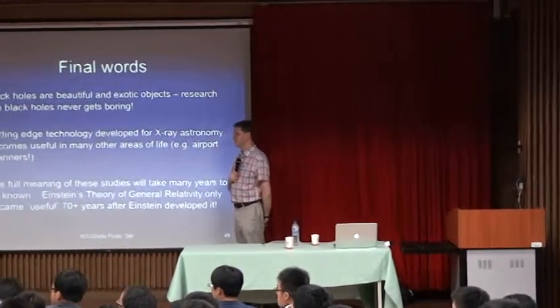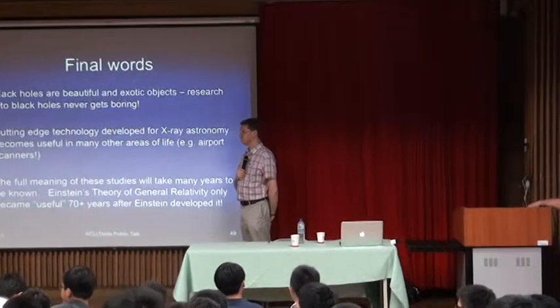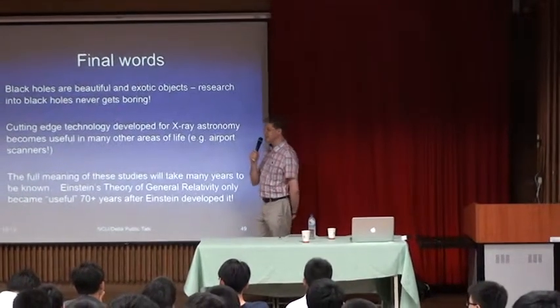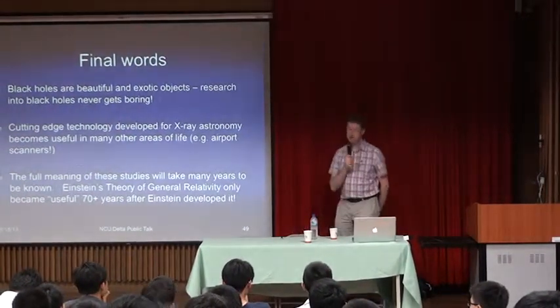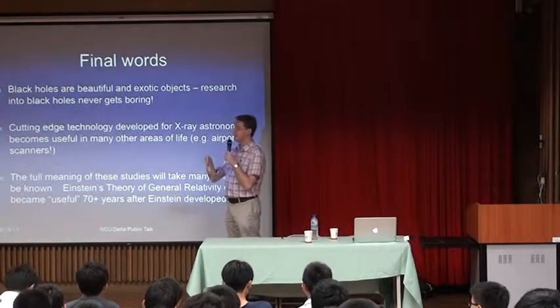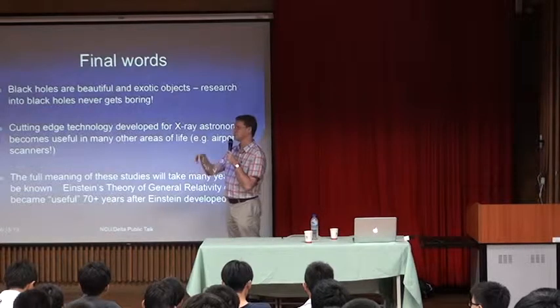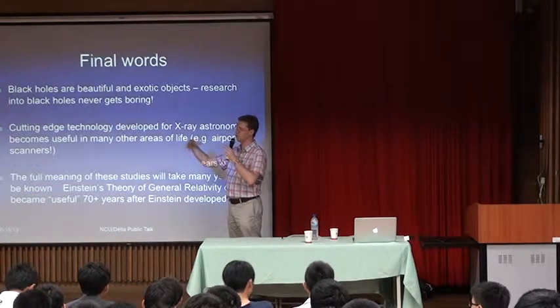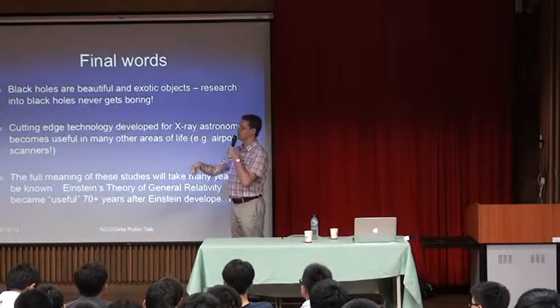Do black holes move or orbit? Yes, they do. The black holes which are at the center of the galaxies tend to be at the center because they have sunk in the gravitational pull of the galaxy. They have sunk to the center.